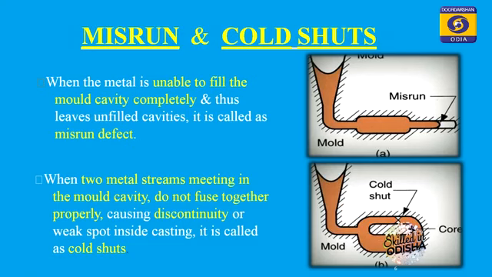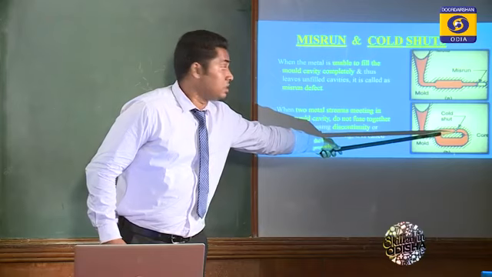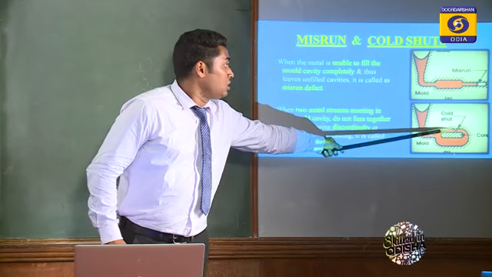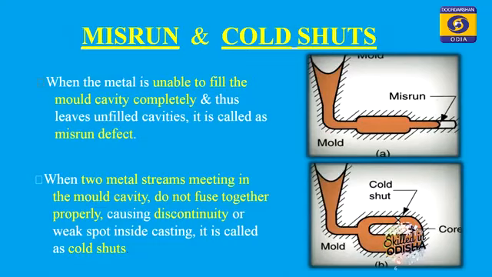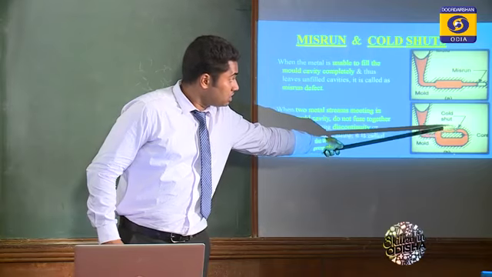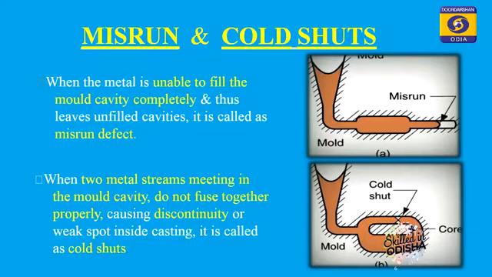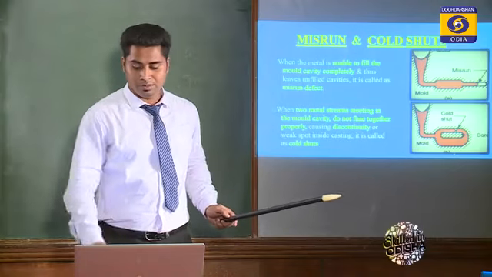This is the fusion point of two streams of molten metal, which is not done properly. Therefore, this is a weak spot. This is called cold shut. See this white portion, this is cold shut, which is formed due to improper fusion of two streams of molten metal. Understood?